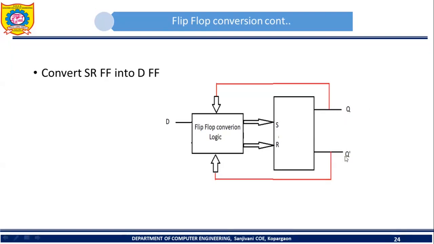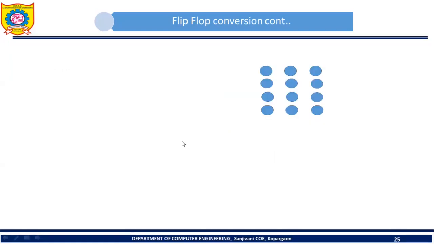Using Q, Q prime and D, this flip-flop conversion logic will generate some outputs, which should be sent to the inputs of the given flip-flop. One output of the conversion logic should go to S and the other output should go to R. Now let's see how this flip-flop conversion logic can be designed. It's very simple. There are a number of steps which we have to follow in sequence.